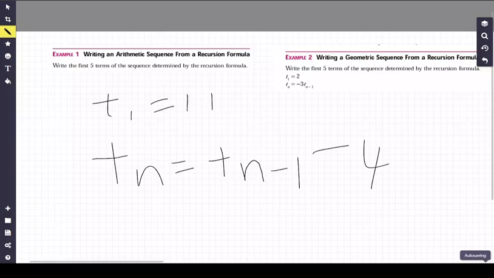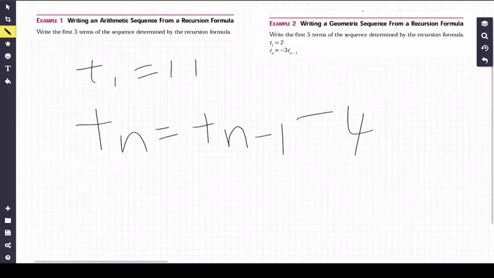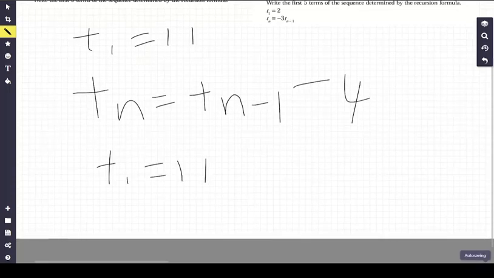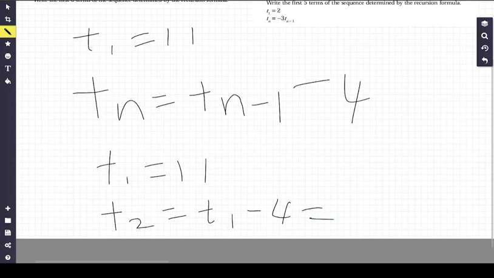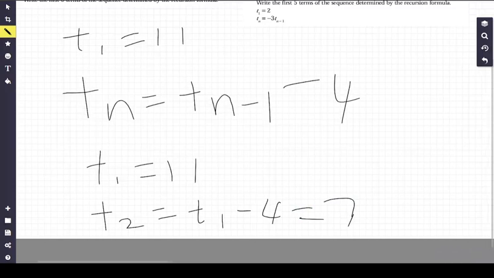Alright, so we can note that t1 is equal to 11. So t2 must equal t1 minus 4, which is 11 minus 4, which is simple as it is, 7, if you don't believe me. And then this just goes on and on.